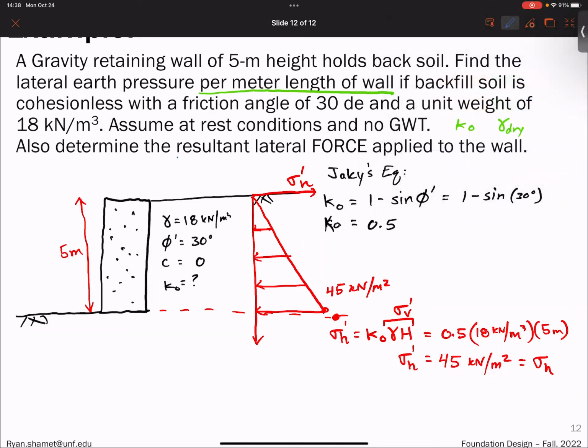So we're asked to determine the resultant lateral force applied to the wall. So our lateral force would be P naught, one half. Sorry.